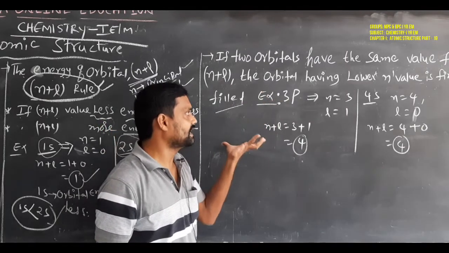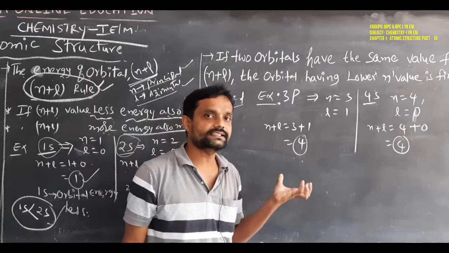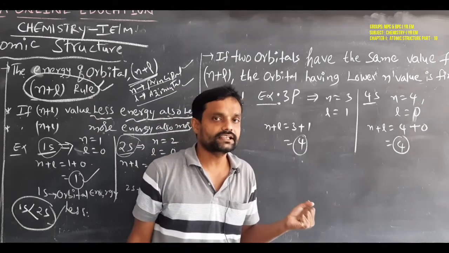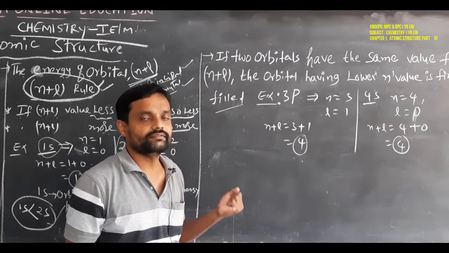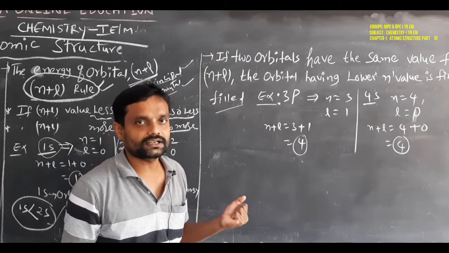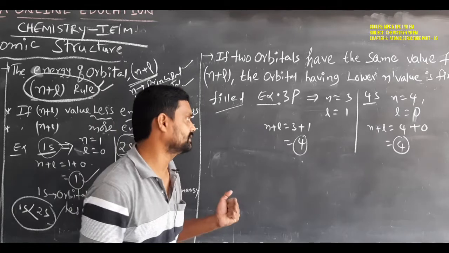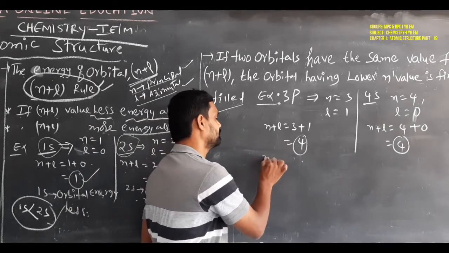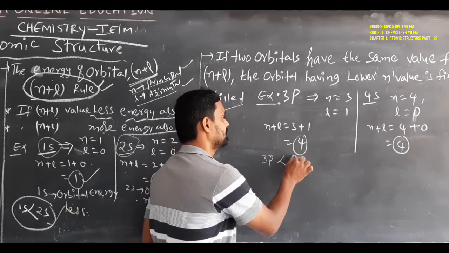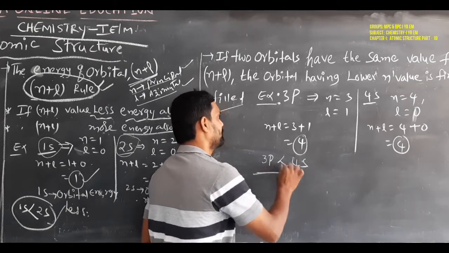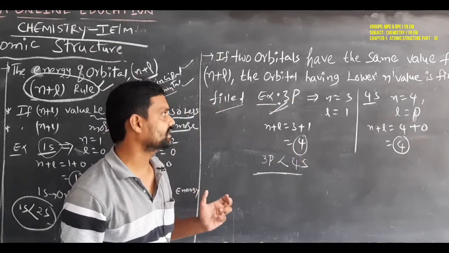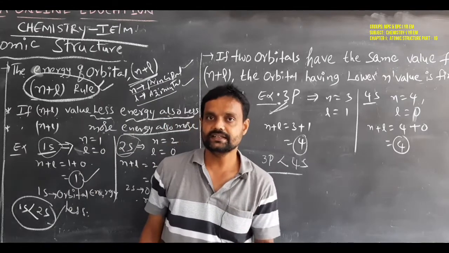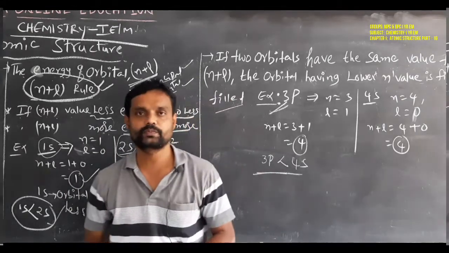So when the n plus l values are the same, the orbital with the lowest n value has the lowest energy. So the energy of the 3p orbital is less than 4s, because here the n value is less. This is the condition used in the above principle.